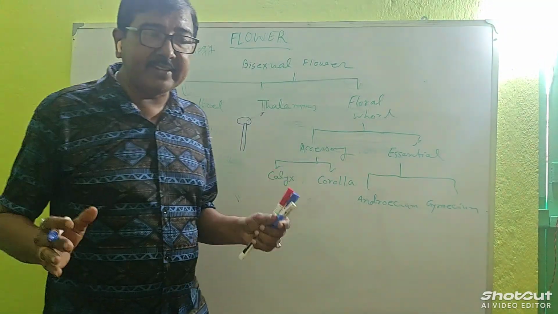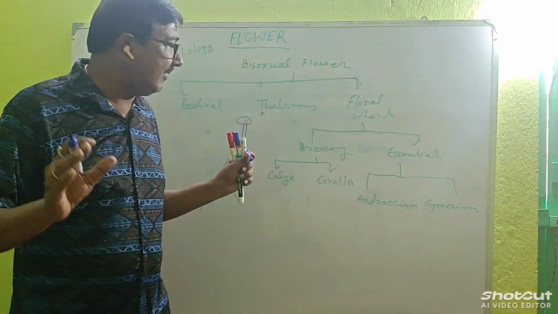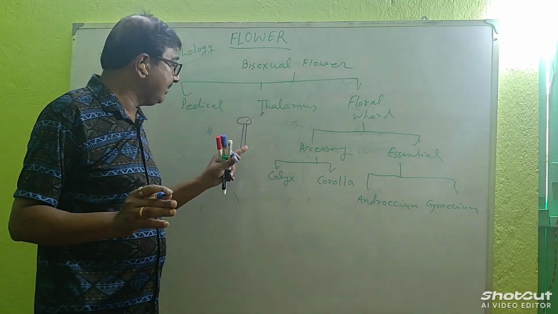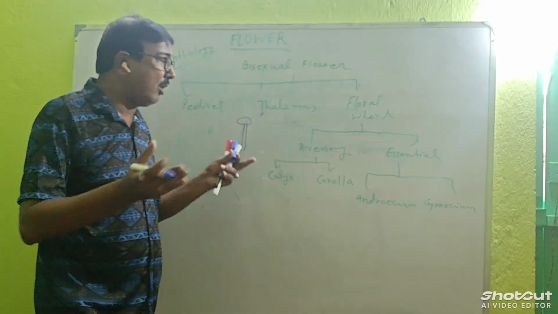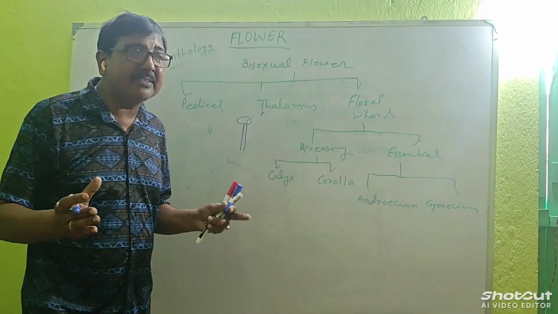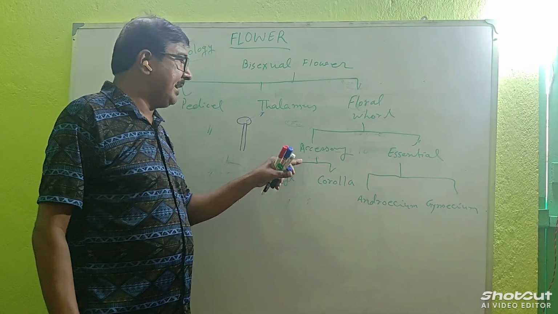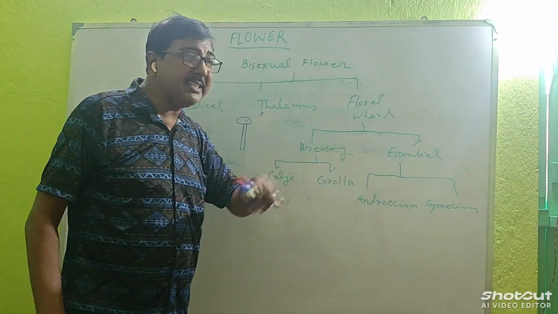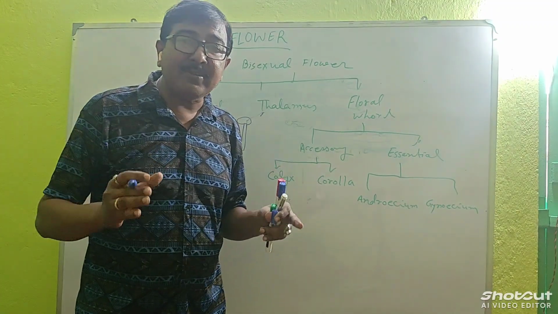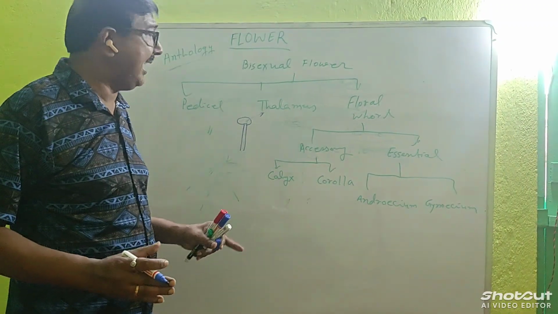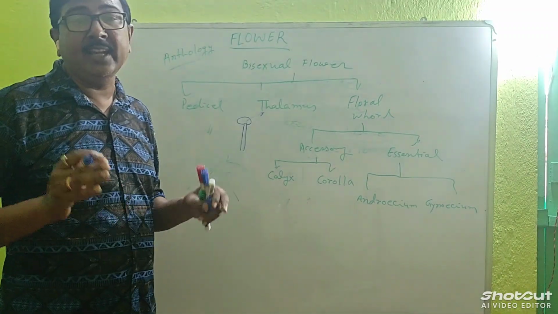It helps to hold the different parts of the flower. The upper portion of the pedicel is swollen, and it is called the thalamus. Then the floral whorl has two parts, accessory and essential. Why essential? Because the androecium and gynoecium help in reproduction of the flower. That's why these are the essential parts and calyx and corolla are the supporting parts.